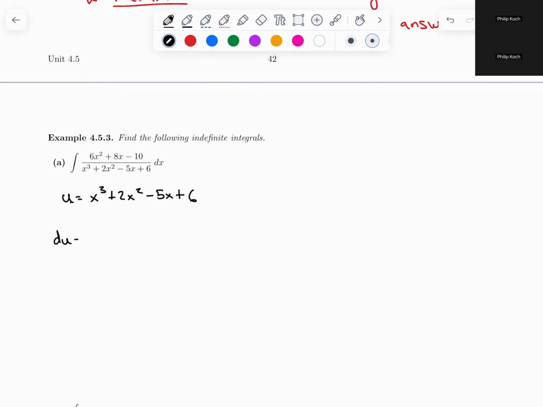Then du would equal, in parentheses, because remember, we're going to be multiplying both sides, technically speaking, by dx, so the entire derivative needs to be multiplied by dx, 3x squared plus 4x minus 5 dx. So dx is equal to 1 over 3x squared plus 4x minus 5 du. We're solving for dx every time.